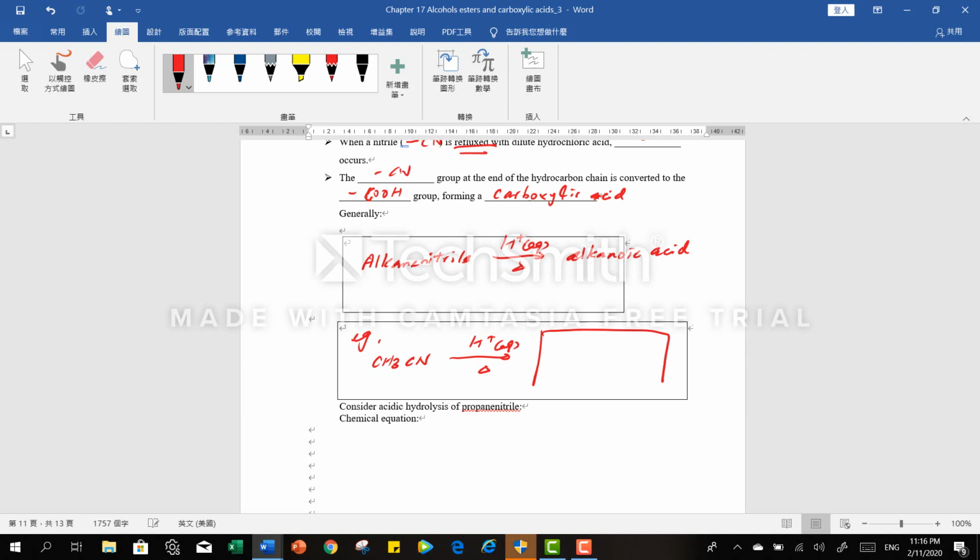So what will be formed? Give you 1 second. Okay, the answer is COOH. So basically, the only change is this group. It's changing to this group. Before and after, they also contain 2 carbons. So it's different from nucleophilic substitution of halogenoalkene. If you remember, for that reaction, you can increase the number of carbon by 1.